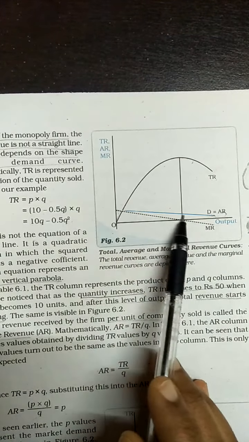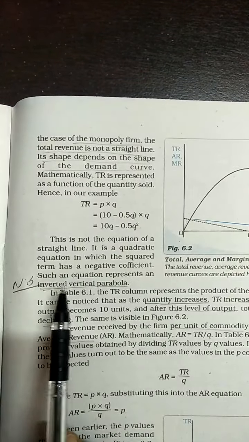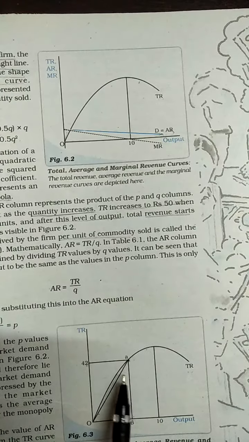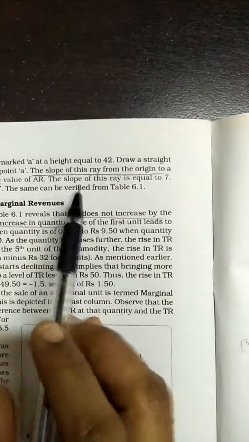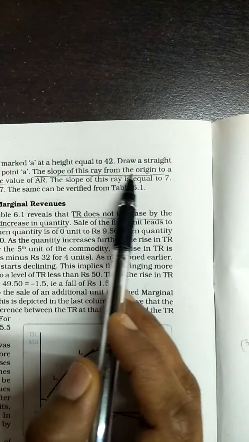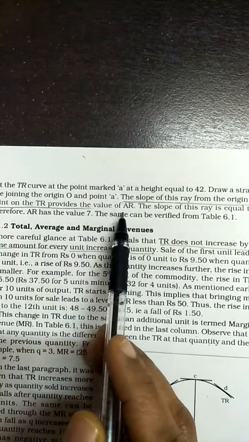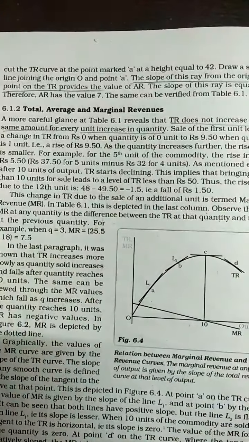If it is a negatively sloped straight line, the shape of the total revenue curve is an inverted vertical parabola. The other important point is we can find the total revenue from the slope of the ray from the origin to a point on total revenue. From this we can find out the average revenue. These are the important points of this portion.